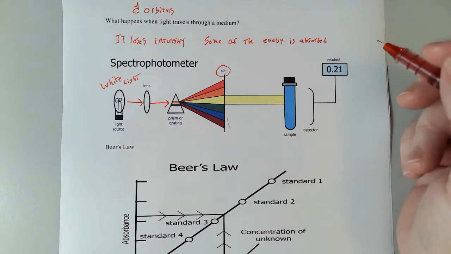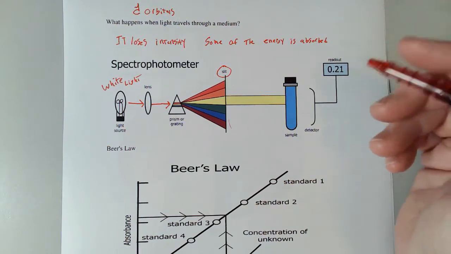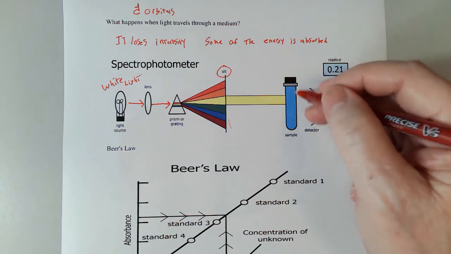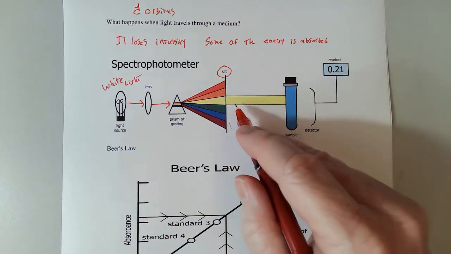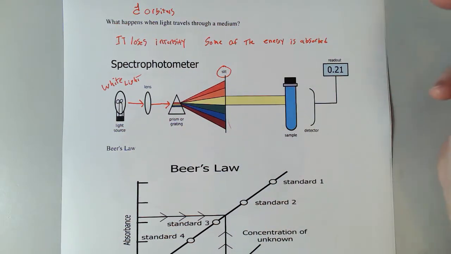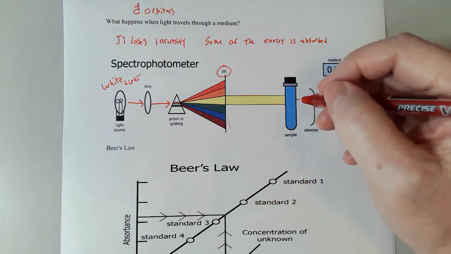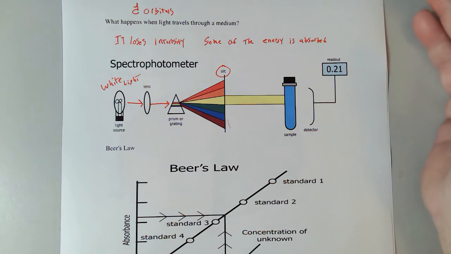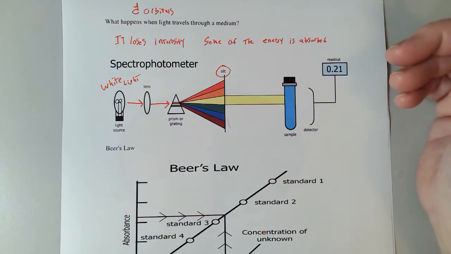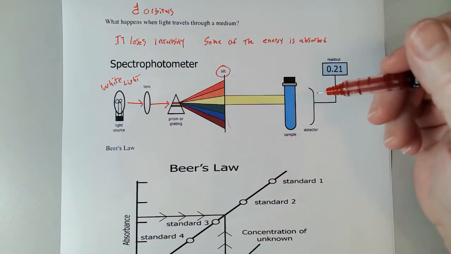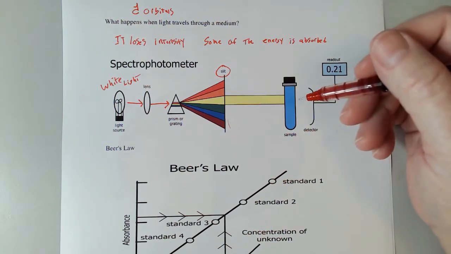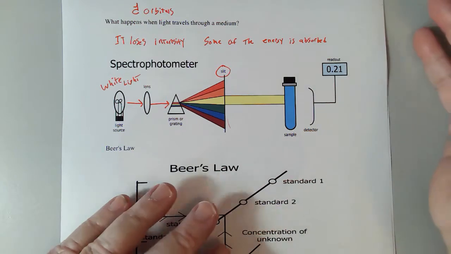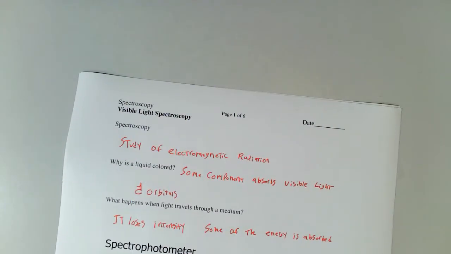Now, we'll get to a little bit more about this later on, but since our sample is blue, I'm going to hit it with its complementary color, which is yellow. So, blue absorbs all colors except blue. It reflects the blue. Now, it absorbs differently. So, the color it absorbs the best can be determined by looking at your classic color wheel.